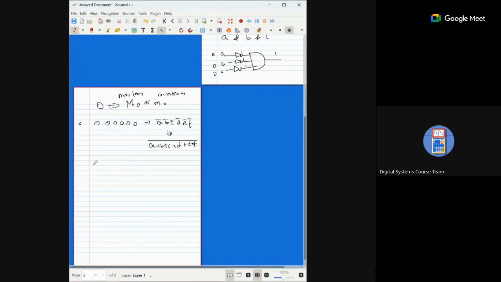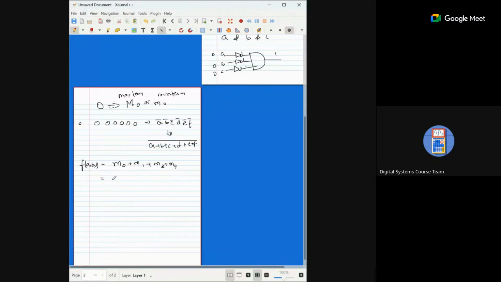So let us take some min terms. Let's say I have the function f of a, b, c equal to m0 plus m1 plus m3 plus m4. It means this is a function of 3 input variables.